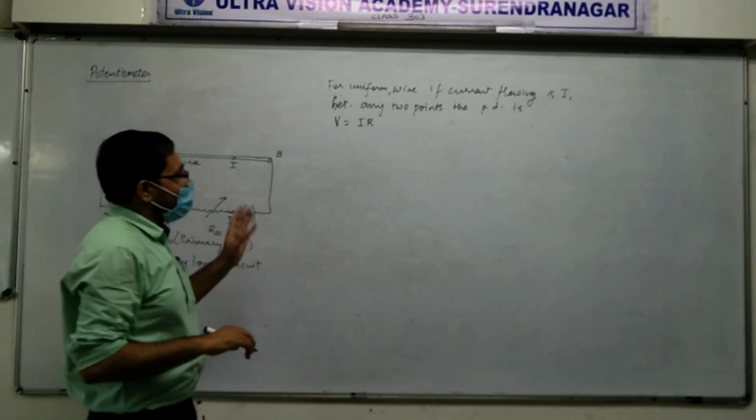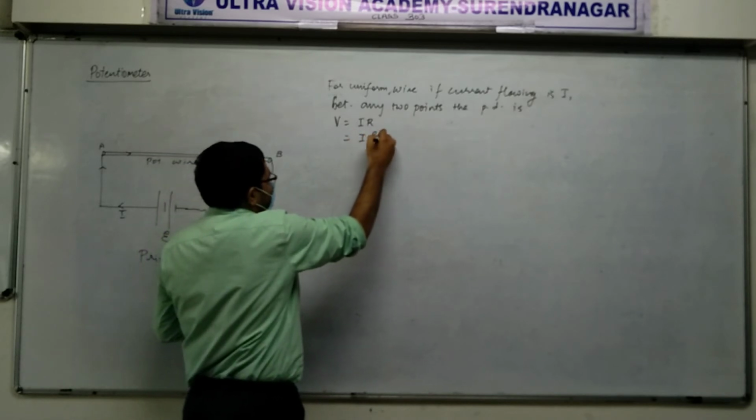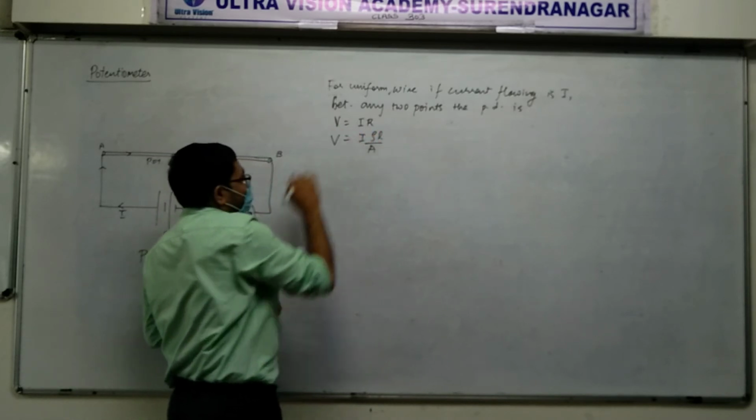And there is nothing extraordinary about this. But R can be written as rho L by A, where L is the length of wire between those points.